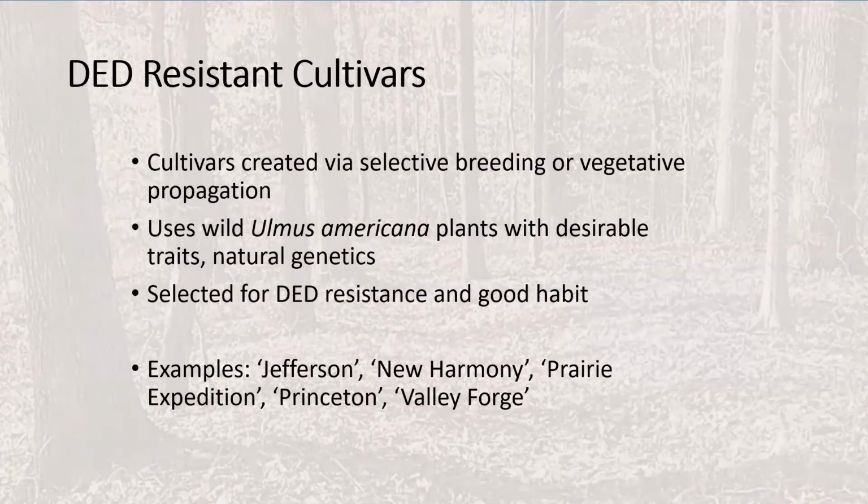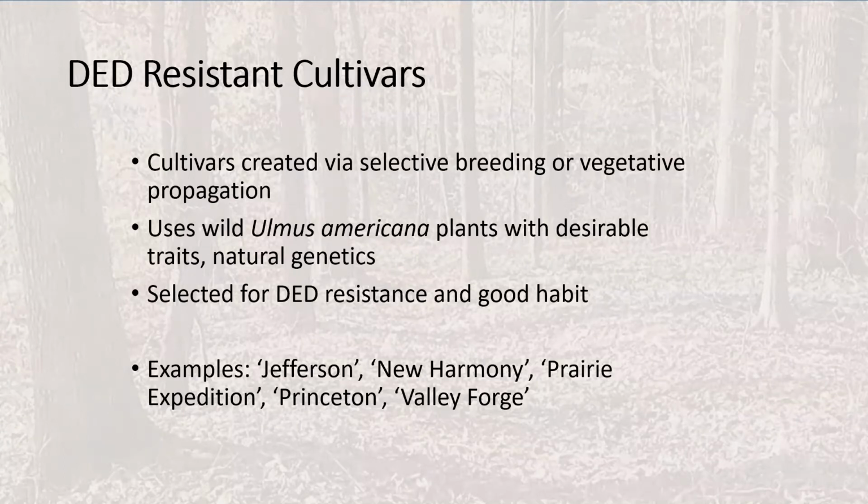We've also developed disease-resistant cultivars. If you don't know the difference between a hybrid and a cultivar, a hybrid is where we've combined two different species. We've crossbred those species to try to find some desirable traits in that hybrid. But a cultivar is the same species. So American elm plants that have shown resistance, we've tried to copy those genetics in a cultivar.